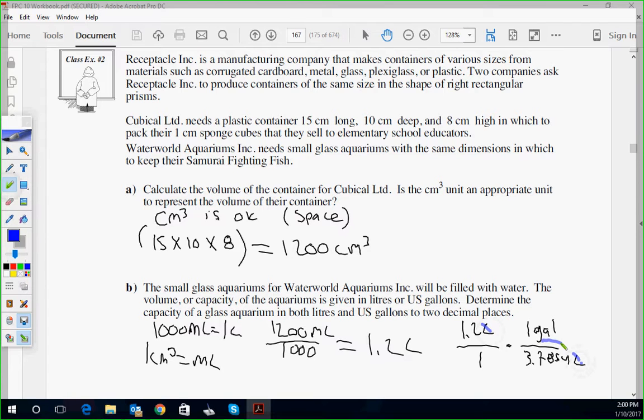And so we simply are going to go 1.2 divided by 3.7854, because the ones don't really affect anything. So the gallons that you need for the fish is 0.32 gallons. And that would be U.S. gallons.